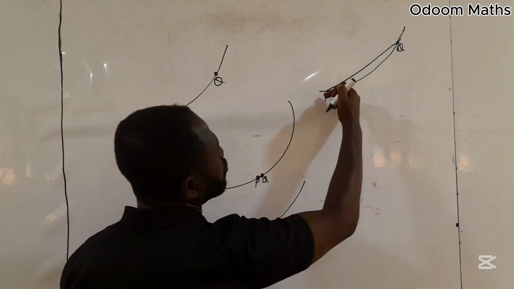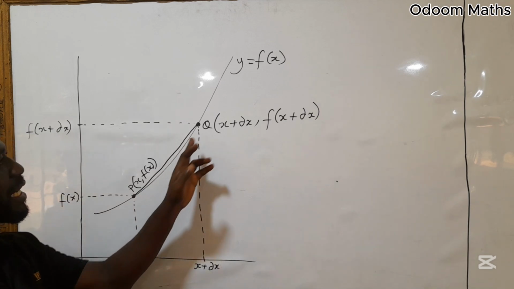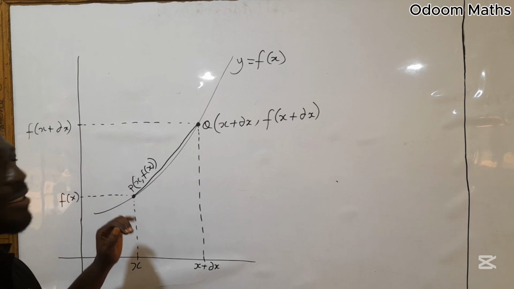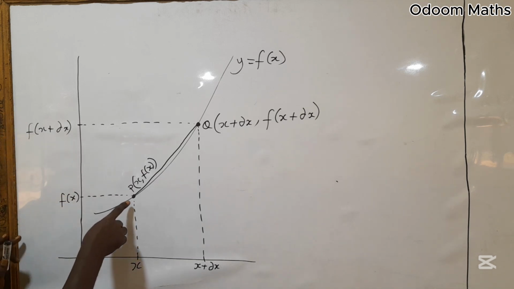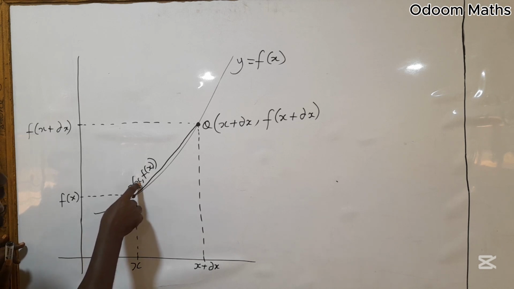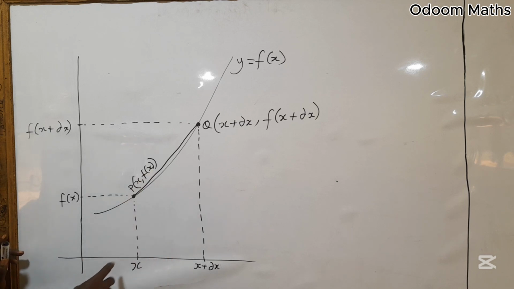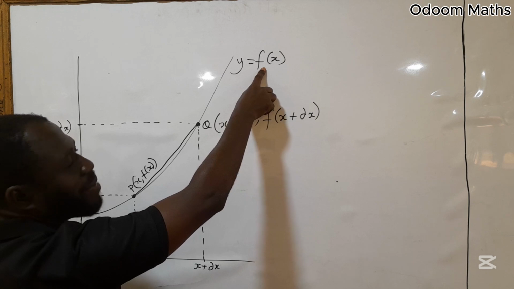Now I'm going to find the slope of the line joining P and Q. The points P and Q have been drawn on the Cartesian plane. I've called this the point P, the x component here x, and then the y component here f of x. And I've named the arc y equals f of x.